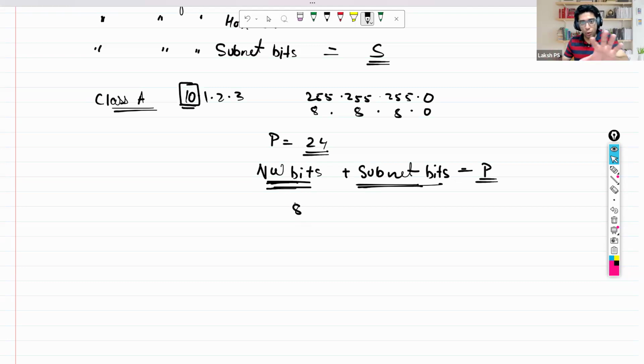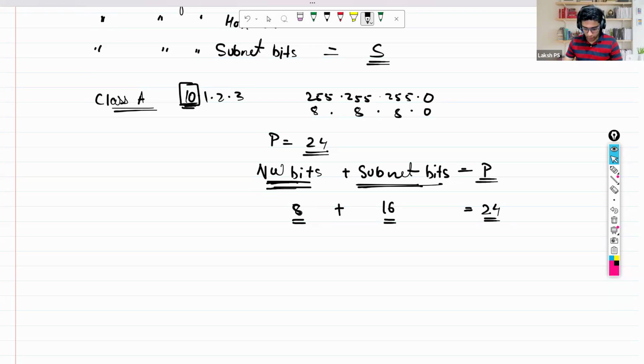So here, as per the class A schema, your network bits are 8. And in total, you have 24 ones in that address mask. So how many subnet bits will be there? 16 subnet bits. 16 subnet bits are present in this address mask, which includes your 8 network bits and 16 subnet bits, totaling 24 bits of prefix length.